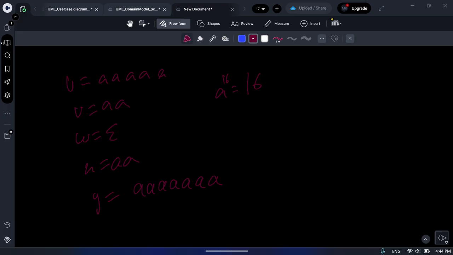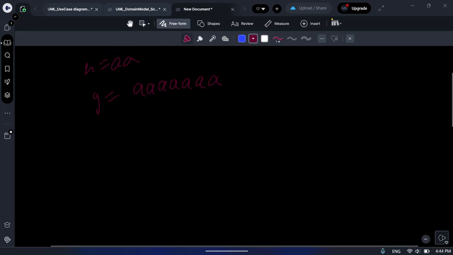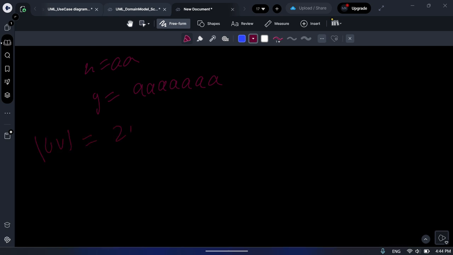So based on that, we know that these are the two parts that will get pumped. Now let's check. If we say the length of UV is equal to 2 plus 2 equals 4, we can say this is completely legal, because R is less than or equal to J, and 4 is less than or equal to 4, and R is also bigger than or equal to 1.